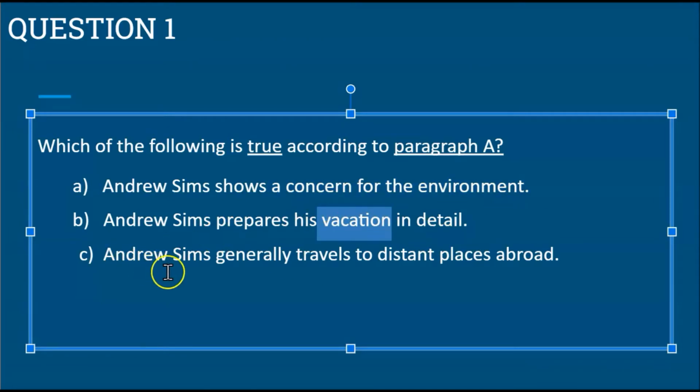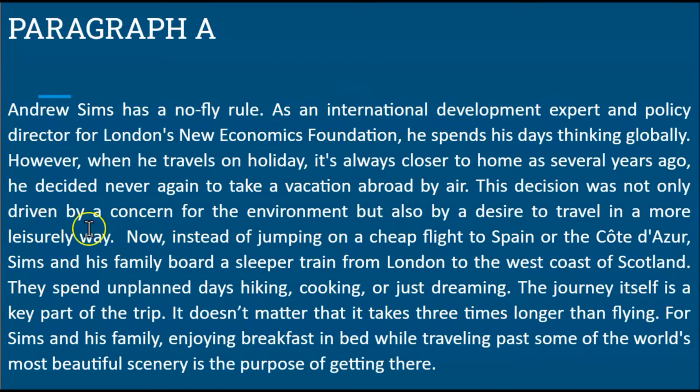And for choice C, the keywords would be distant places abroad, right? So while reading paragraph A, I'm going to be focusing on these keywords. So now you can pause the video and carefully read the paragraph in the light of the multiple choices for question 1.